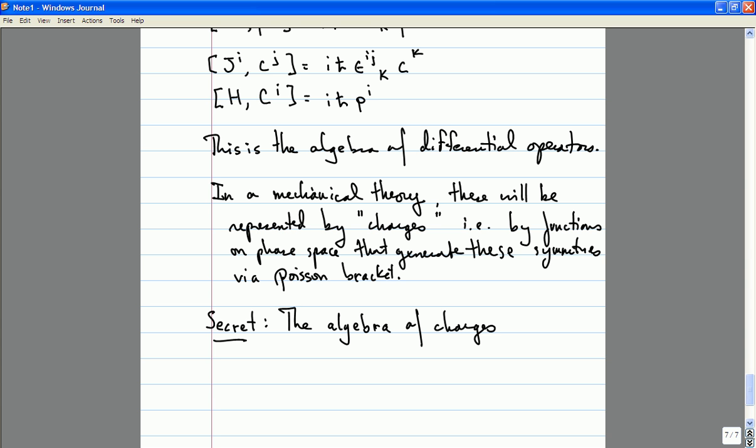But in particular, the algebra of charges, it turns out, is not always equal to the algebra of symmetries. By which I mean, it's not always equal to the algebra of differential operators.